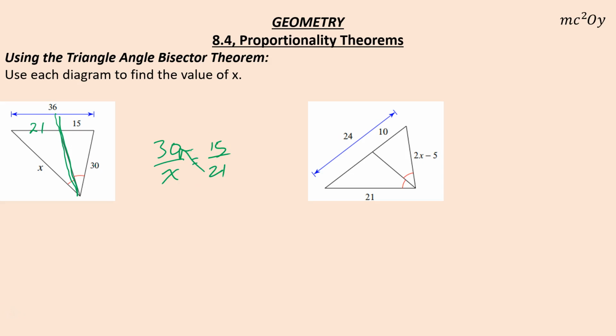Cross multiply there, 30 times, well, you know what, actually, let's reduce first, right? Let's go ahead and change this to 5 and 7. So it gives me 30 times 7, or 210, is equal to 5x. Divide 210 by 5, and I get x is equal to 42.